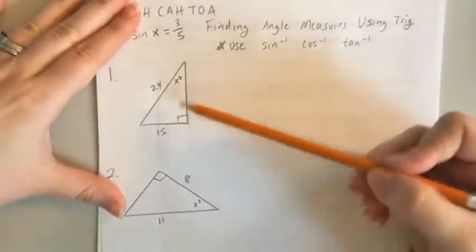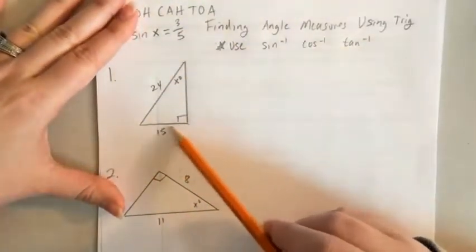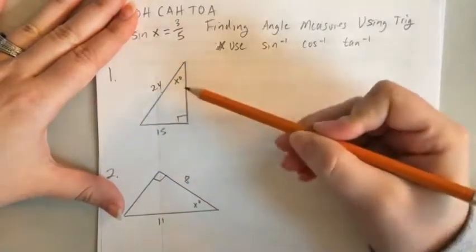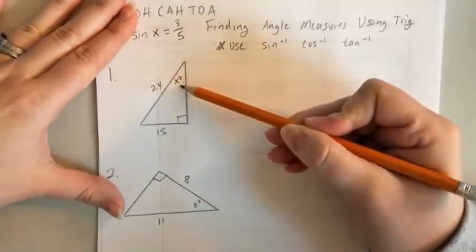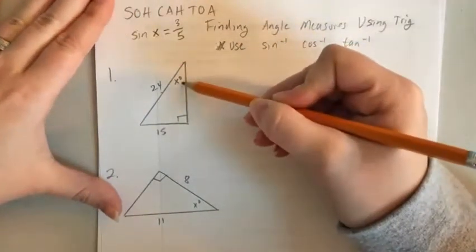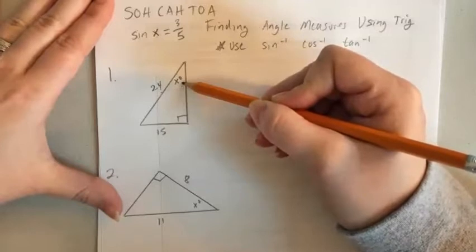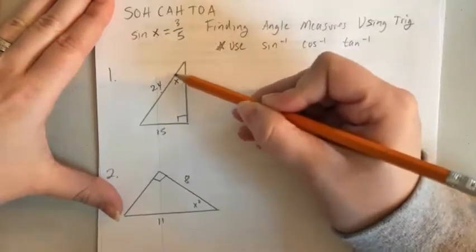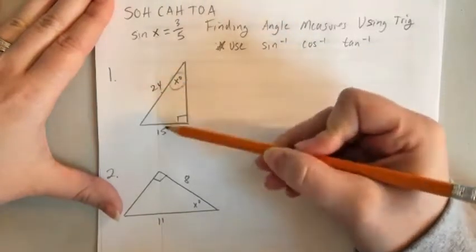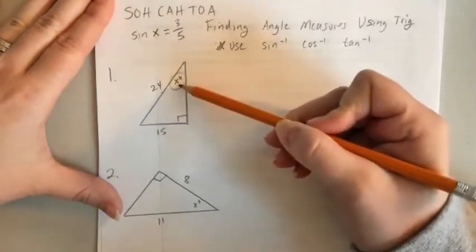So this first problem, I've got a right triangle. The side down here at the bottom is 15, the hypotenuse is 24, and the angle I'm looking for up here is x. First thing I need to do is know which trig function I should use, sine, cosine, or tangent. So again, just like in these last few examples, we're going to base that on how these sides relate to this angle.